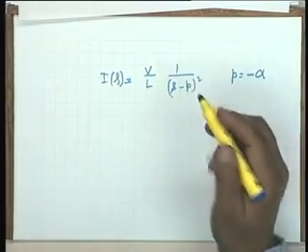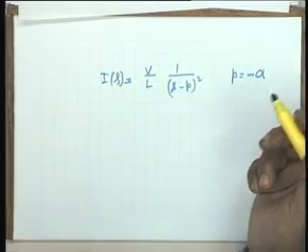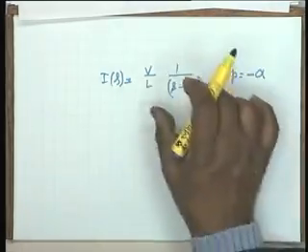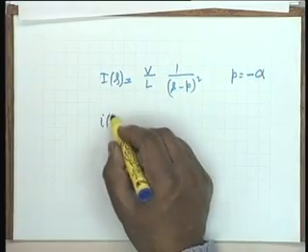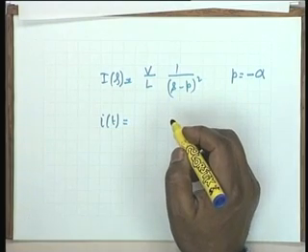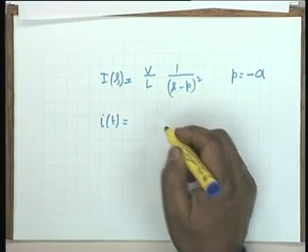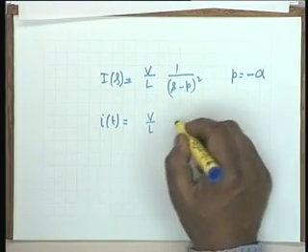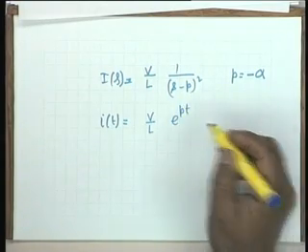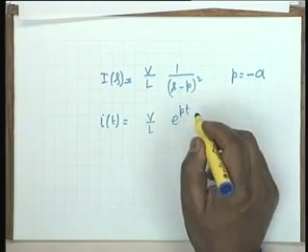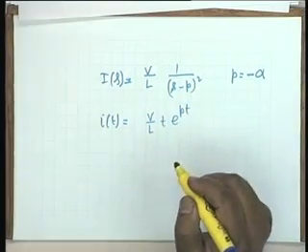I take the inverse of this. Well, I can get k1 and k2 directly from here, right? Can you tell me what is the inverse of this? V by L t e to the power pt.